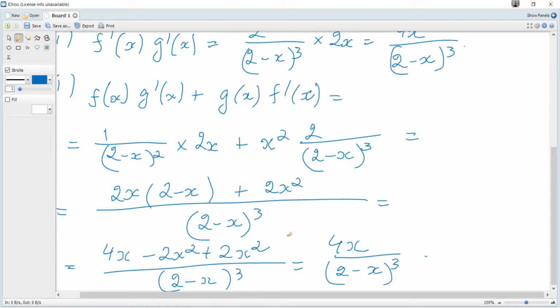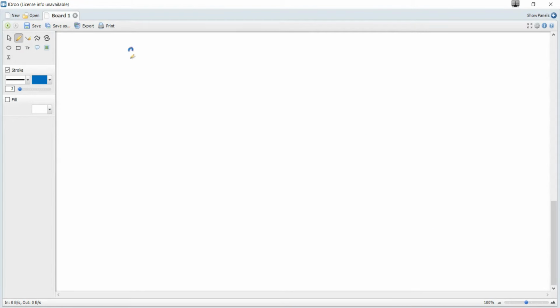In parts B and C, consider two non-constant functions f of x and g of x, where f is positive and g of x is not equal to g'(x).